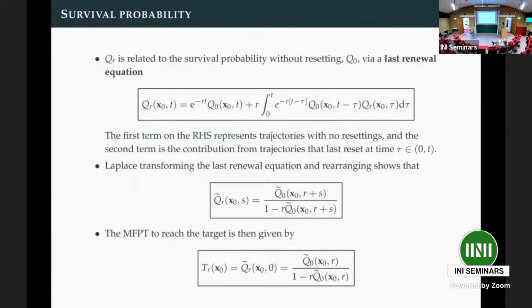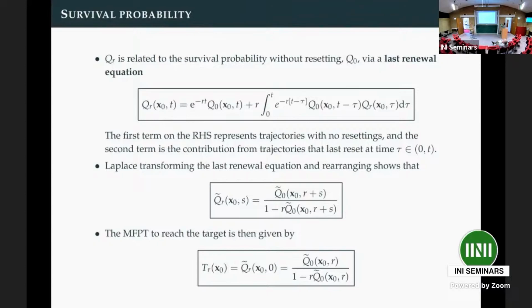Laplace works. So you have a renewal equation. Again, you break it up into contributions to survival probability that never reset, and those that last reset at time tau. Then after that, you don't reset again. So the survival probability for the remaining time interval is given by the non-resetting survival probability, which you can calculate in many cases.